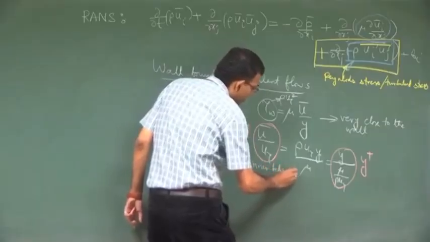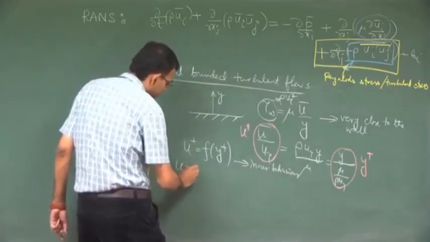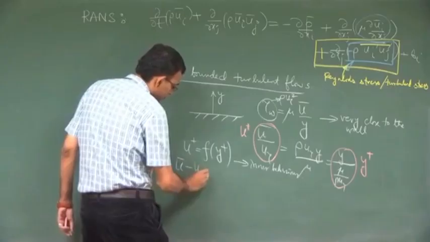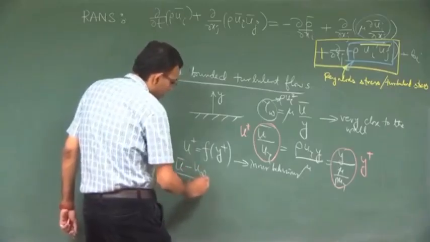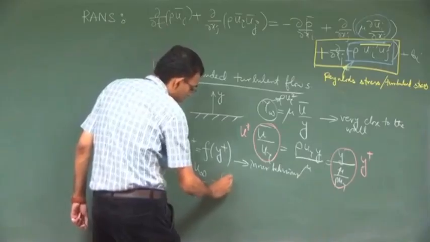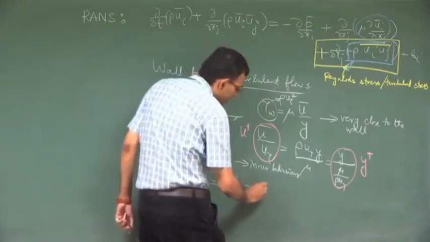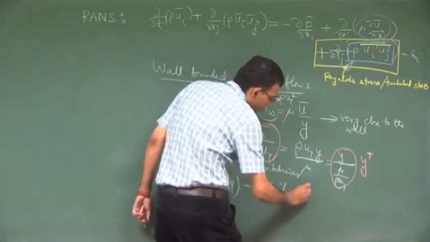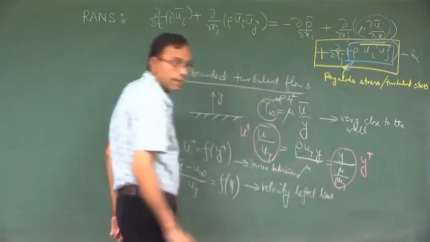The outer layer behavior is given by this, which is called the velocity defect law. These are all from dimensional arguments.